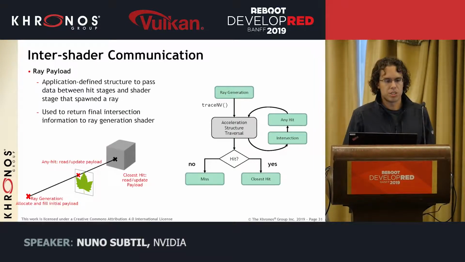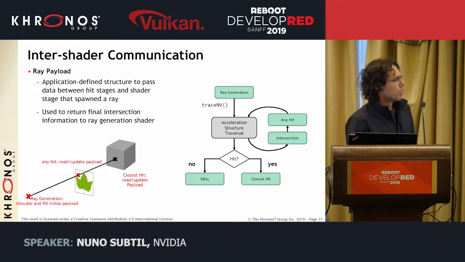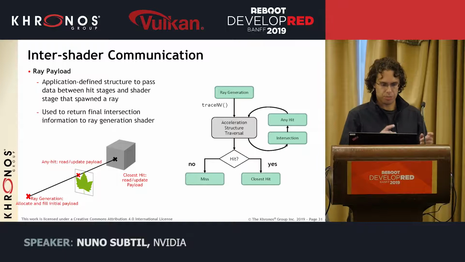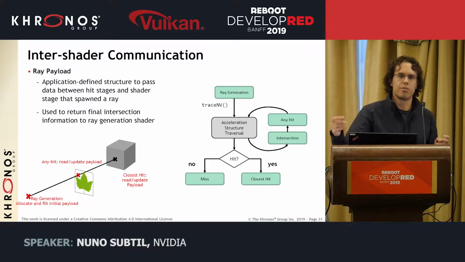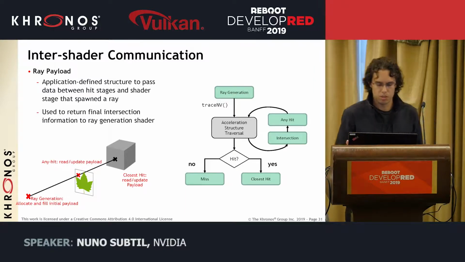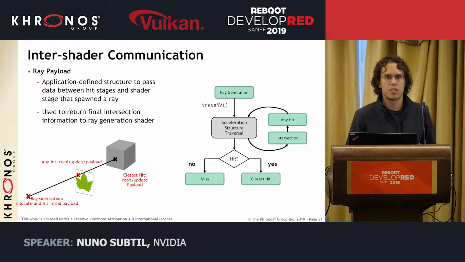So let's start with the inter-shader communication. We're defining what we're calling a ray payload. And you can think of a ray payload as essentially a piece of data that's attached to the ray that the ray is accumulating as it traverses the scene. It could just be a color, right? Or it could be visibility information for shadow rays, or it could be a spectral density if you're doing light transport simulations.